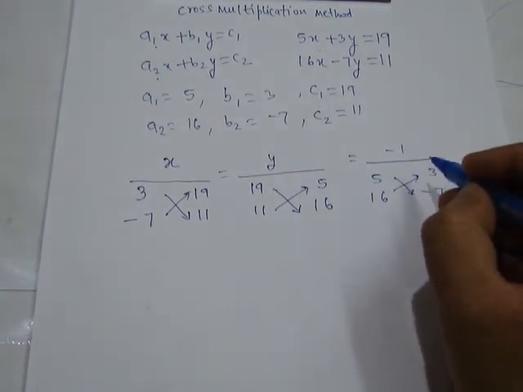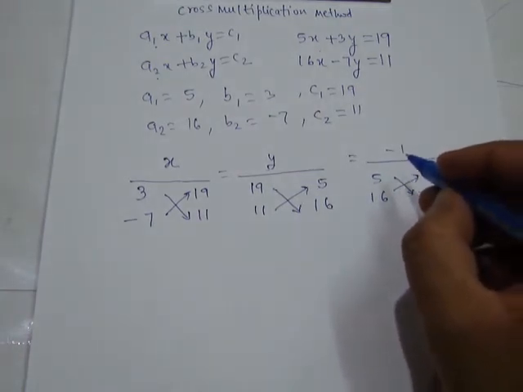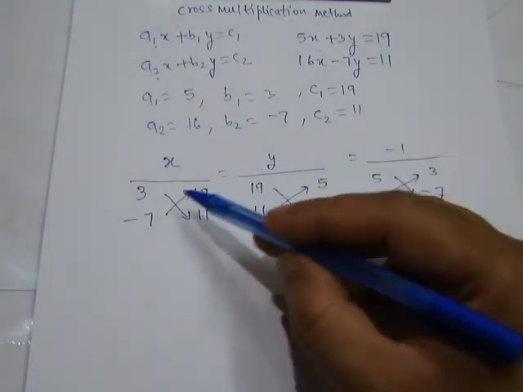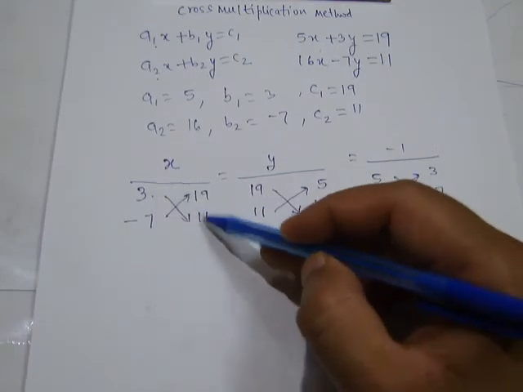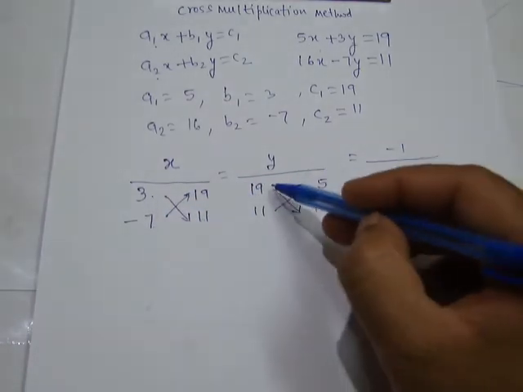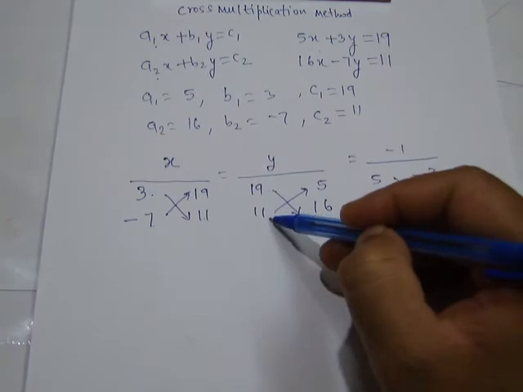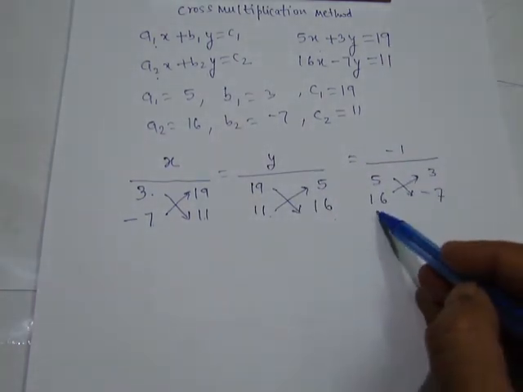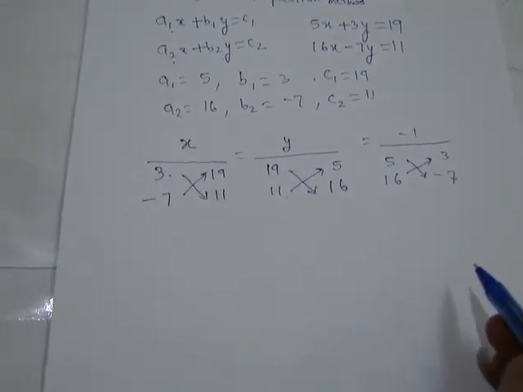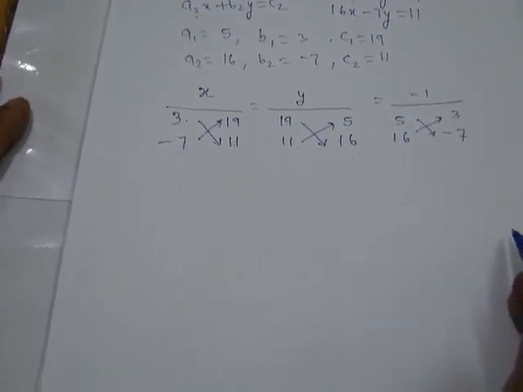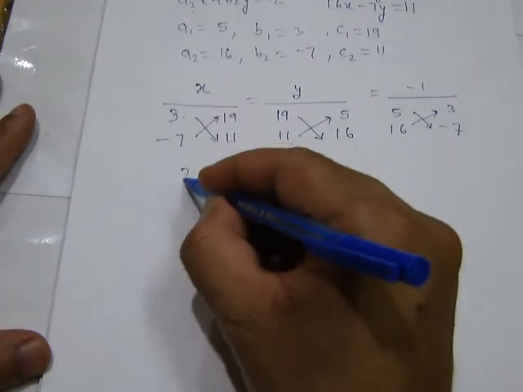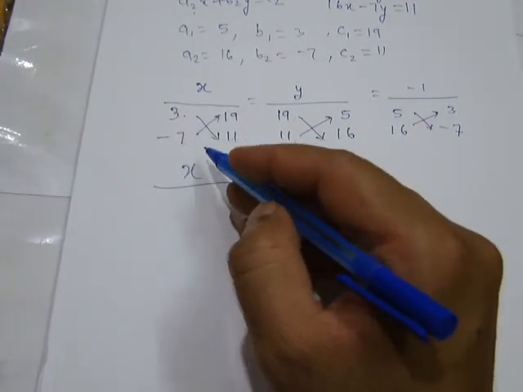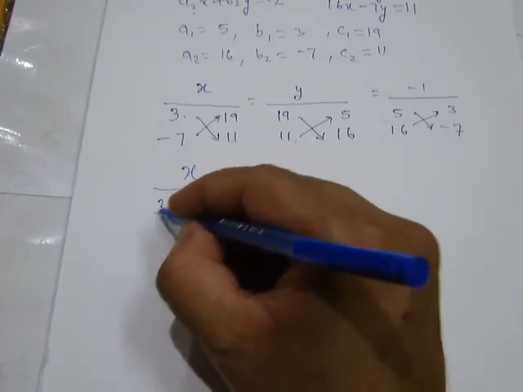These arrows indicate the pairs of numbers to be multiplied: we'll multiply 3 and 11, -7 and 19, 19 and 16, 11 and 5, 5 and -7, 16 and 3. On multiplying, first of all we multiply 3 and 11, so we get 33.